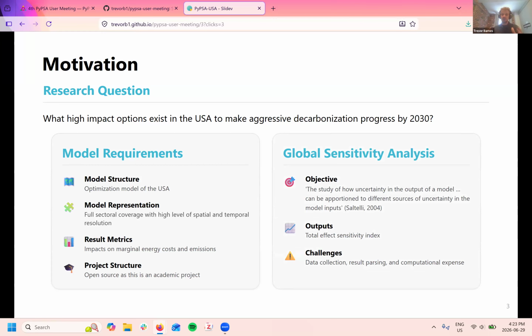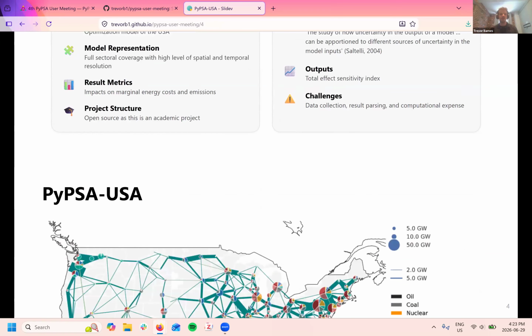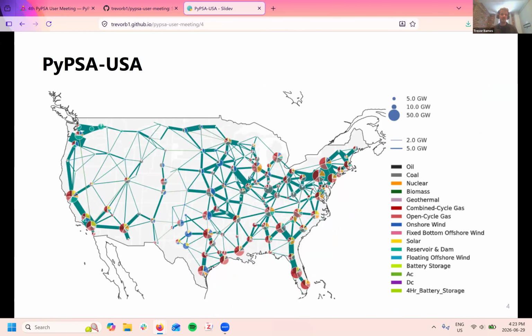Part of the GSA, GSA being global sensitivity analysis, is you get a sensitivity index, and this basically says what the impact is of an input uncertainty on the output. So it allows you to rank different input uncertainties. And then some challenges to address with GSA are just the data collection, result parsing, and computationally expensive nature of it.